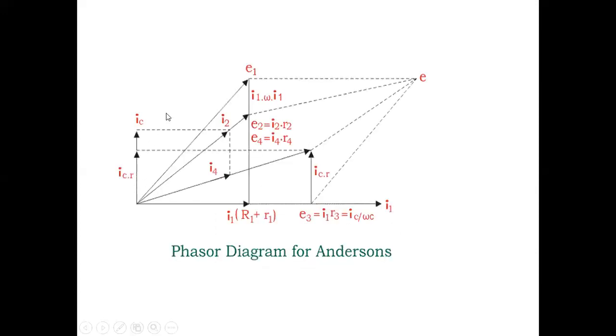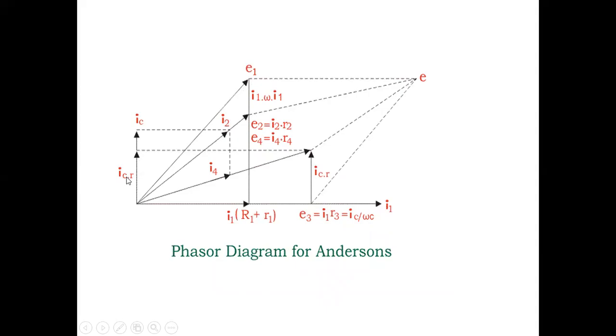This is the phasor diagram of the Anderson bridge. Take the reference I1 into R1 and I1 into j omega L1. The phasor addition of these two is E1.